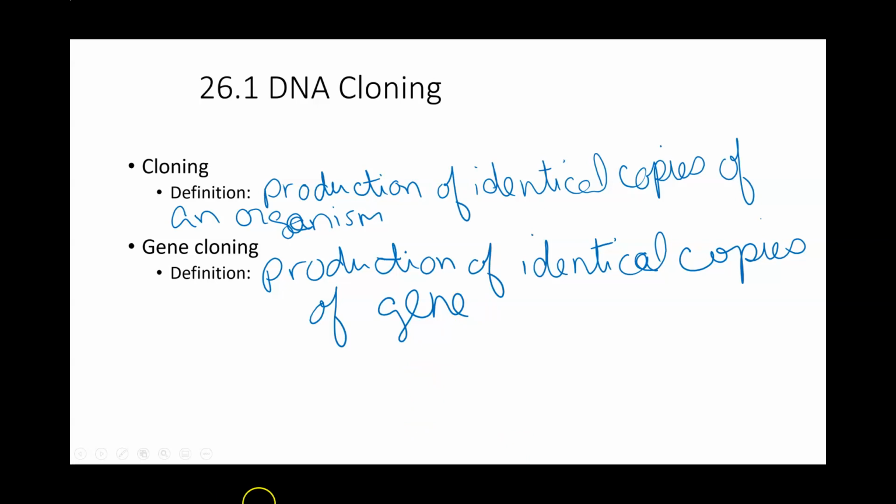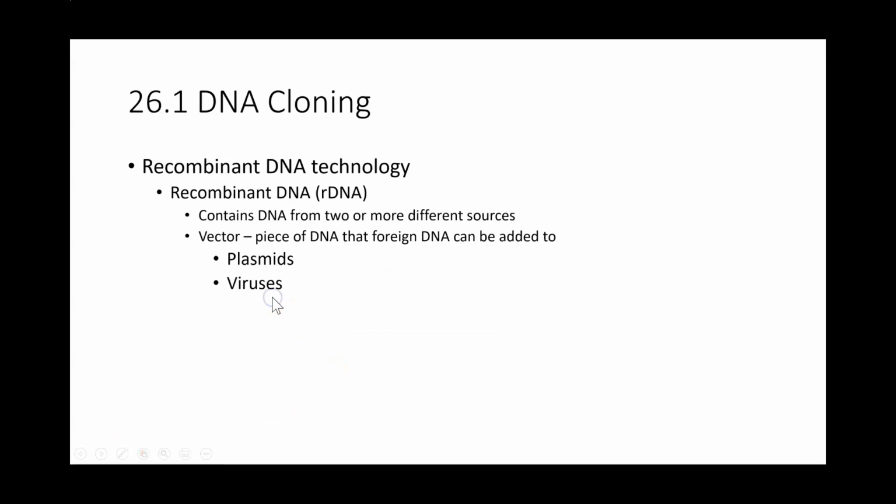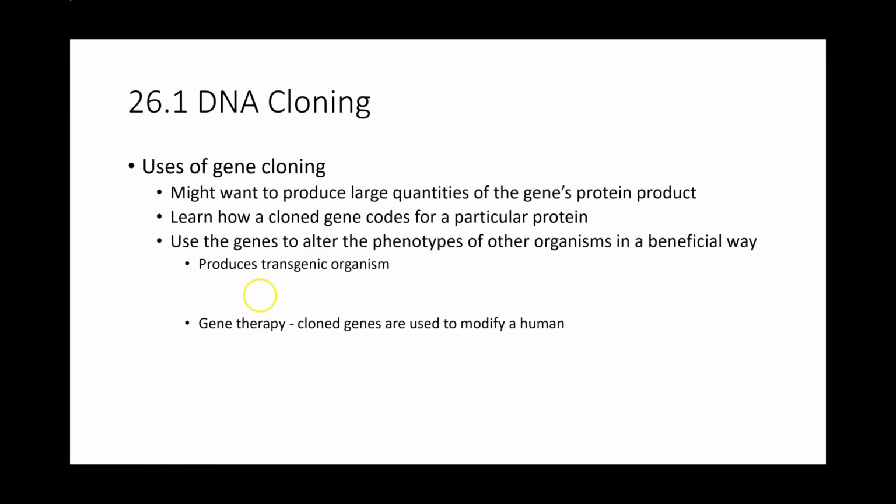So we use things like gene cloning in biotech all the time so that we can produce things like transgenic organisms. So what is a transgenic organism? A transgenic organism is an organism that has DNA from another source.